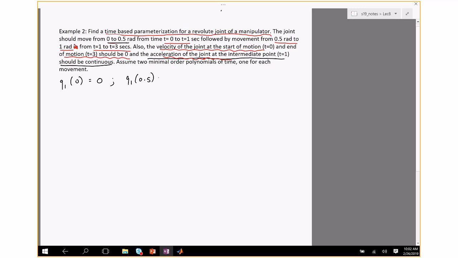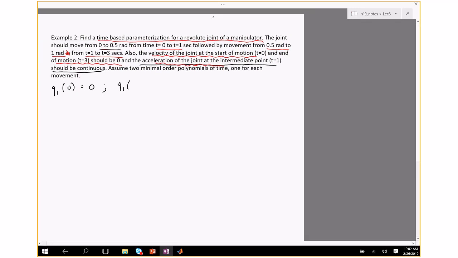At time equals 1, the position is 0.5, right? At 1, it's 0.5. Okay, then it moves from 0.5 radians to 1 radian.